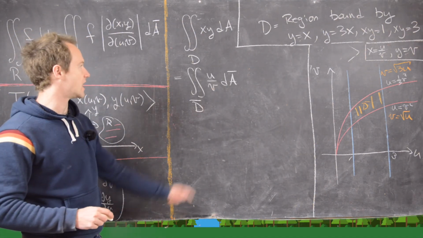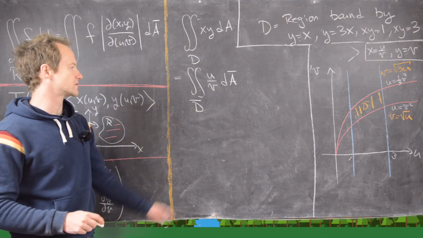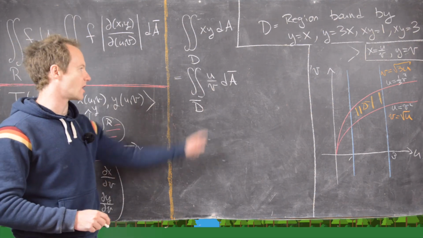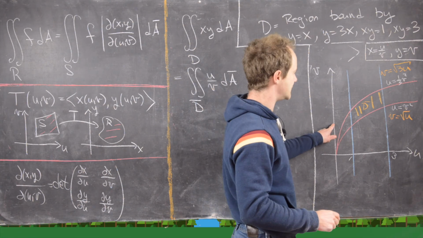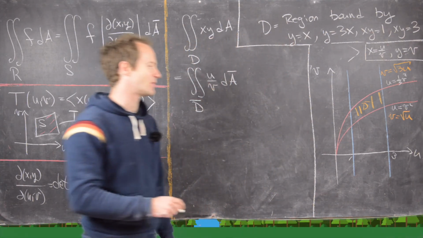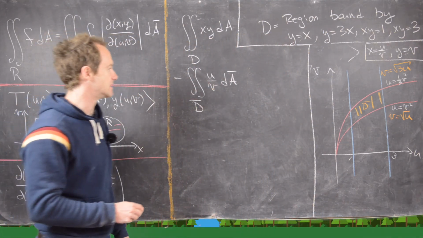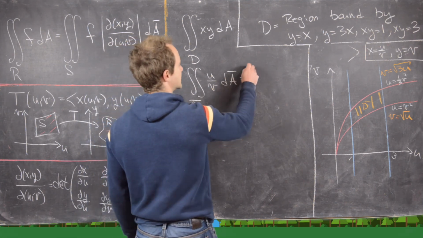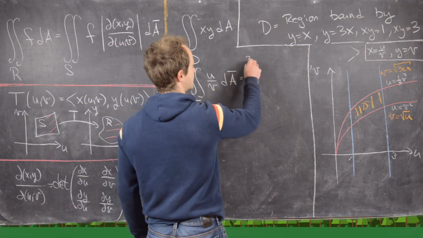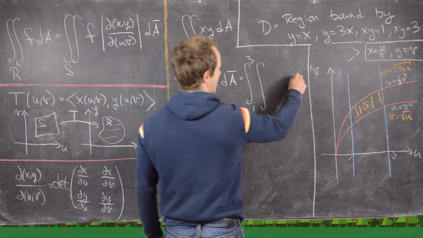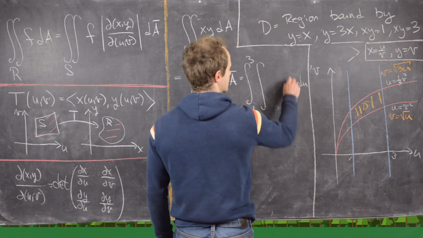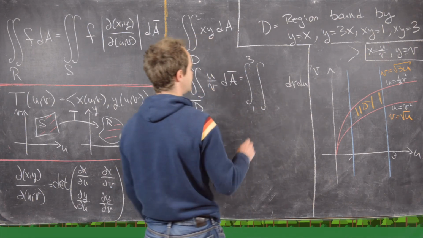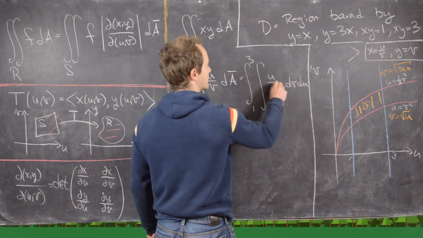Okay, so to finish it off, our goal double integral is the double integral over D bar of u over v dA bar, where this is happening in the UV plane. So notice this is a type 1 region in the UV plane. So that means I can write this as the integral from 1 to 3, where the outer integral will be du, the inner integral will be dv, and then I have u over v.